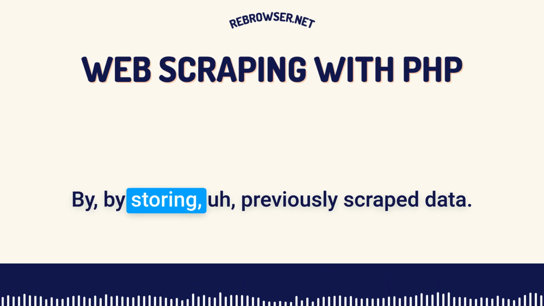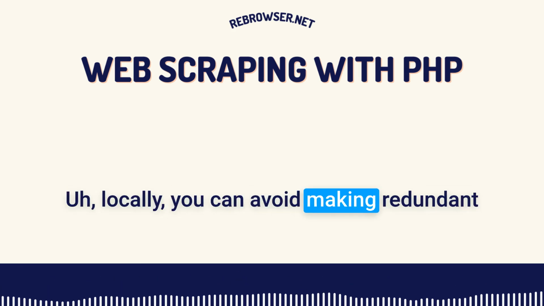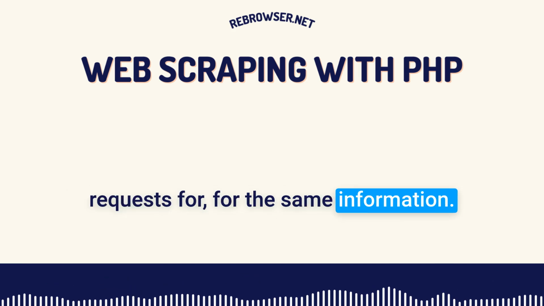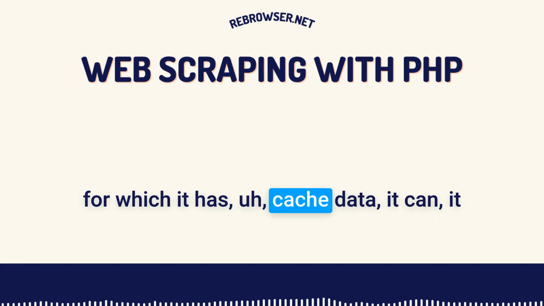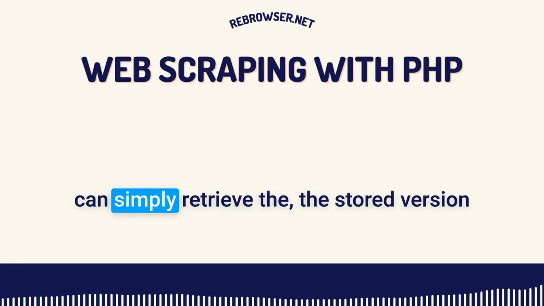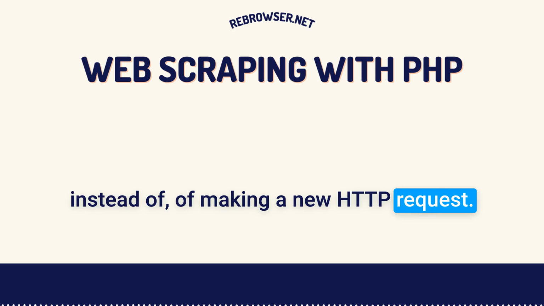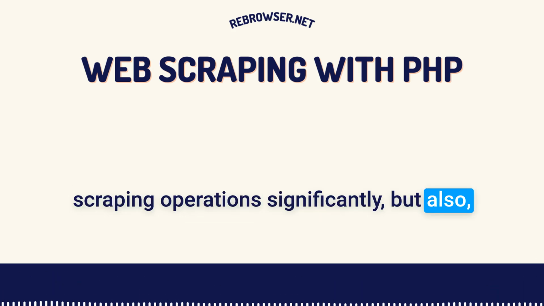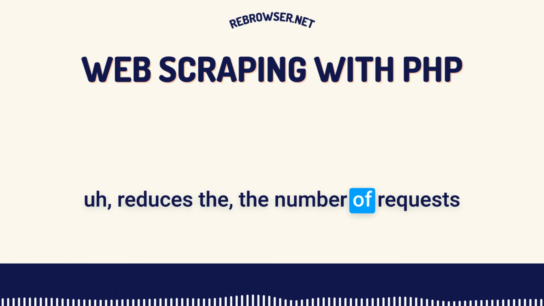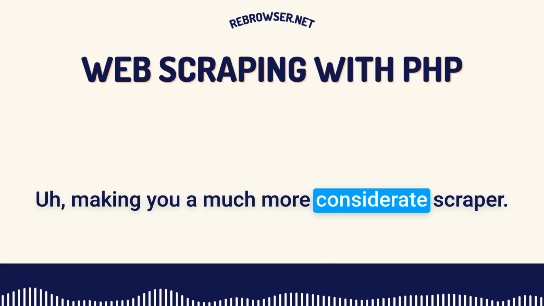By storing previously scraped data locally, you can avoid making redundant requests for the same information. When your scraper encounters a URL for which it has cached data, it can simply retrieve the stored version instead of making a new HTTP request. This not only speeds up your scraping operations significantly, but also reduces the number of requests you're sending to the target website, making you a much more considerate scraper.